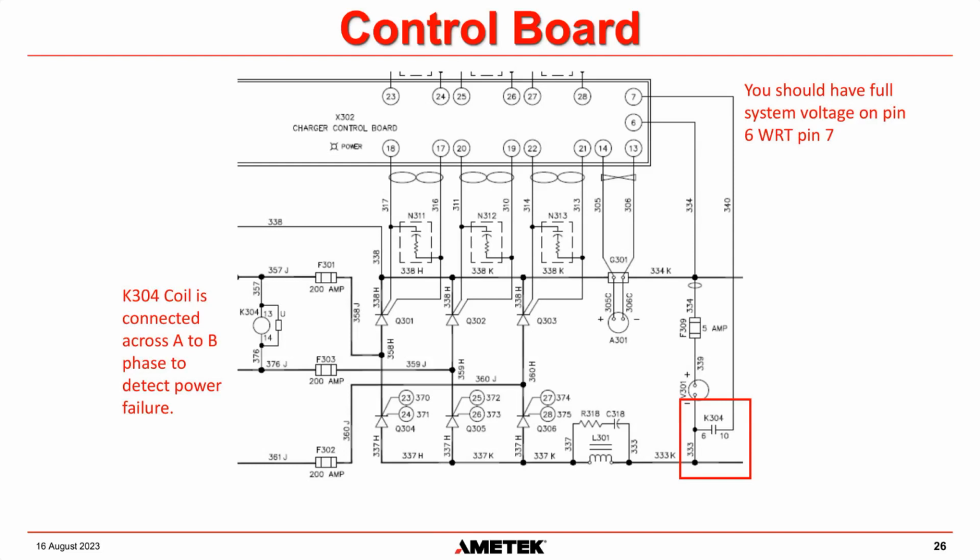And basically what it's saying is, if I have AC power, K304 energizes, and therefore the contact for K304 closes. So if everything is good and we have power, this contact here should close and allow the feedback signal to get to the board. If we have a power failure, then K304 will open and feedback will not get to the board and it will shut the charger off. Okay.